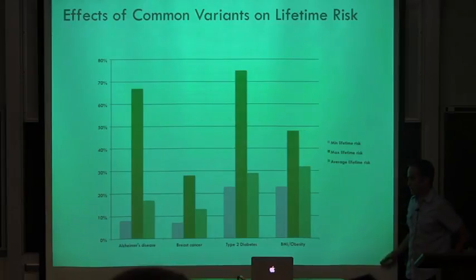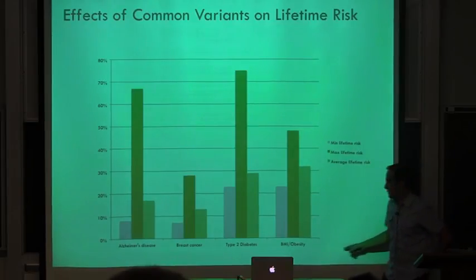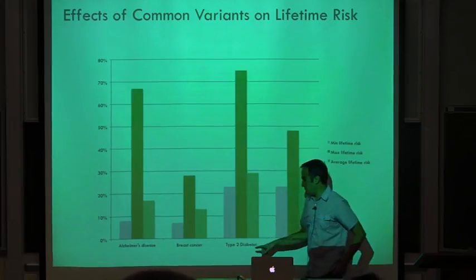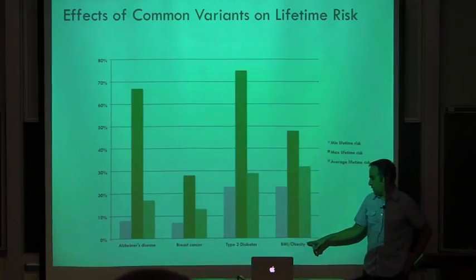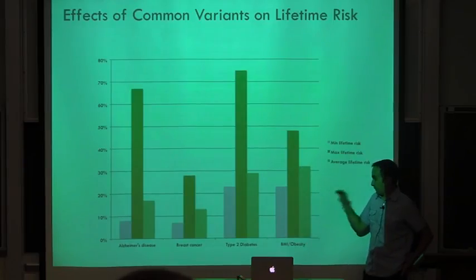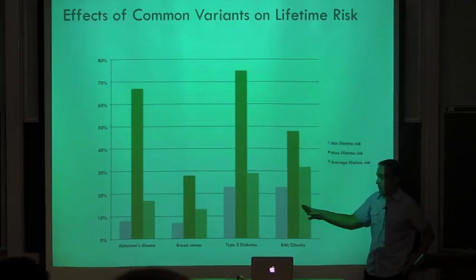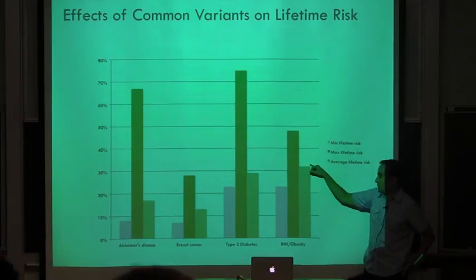Okay, here are 4 diseases. I don't know if you guys can see, but these are Alzheimer's disease, breast cancer, type 2 diabetes, and BMI, obesity. And there are 3 colored bars here, which are hard to see because this projector's colors are not right, but this bar here, which is supposed to be green, is the average risk in the population.